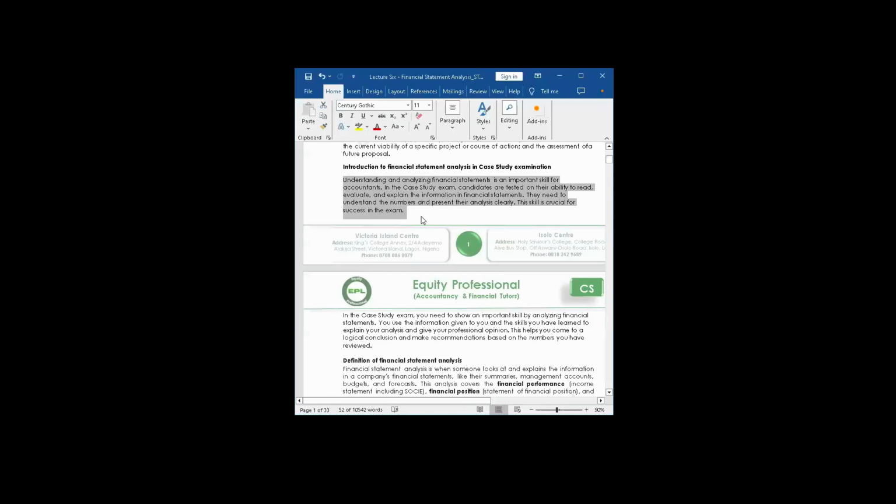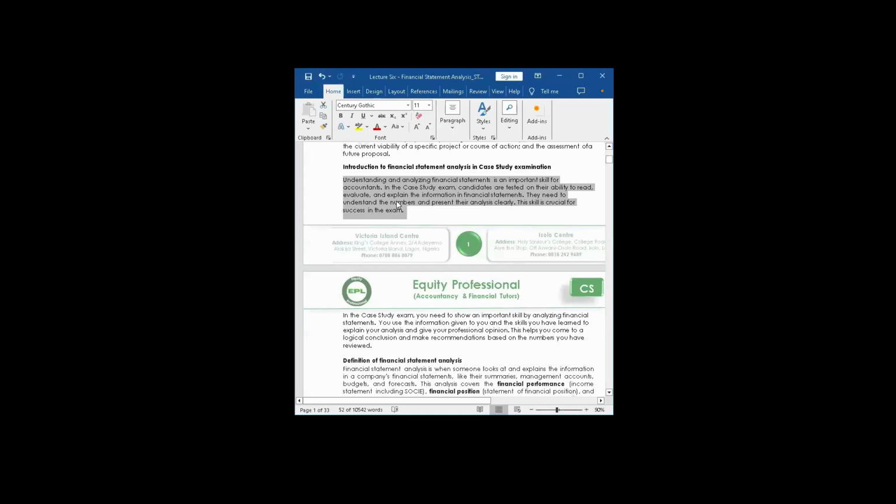And as such, there is a need for accountants or financial experts to interpret this summarized financial data to the users. And that is the whole essence of financial statement analysis in the case study exam.